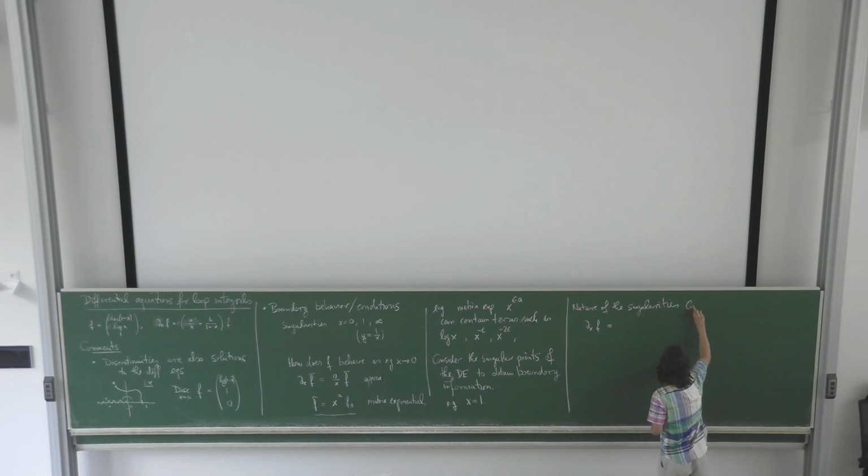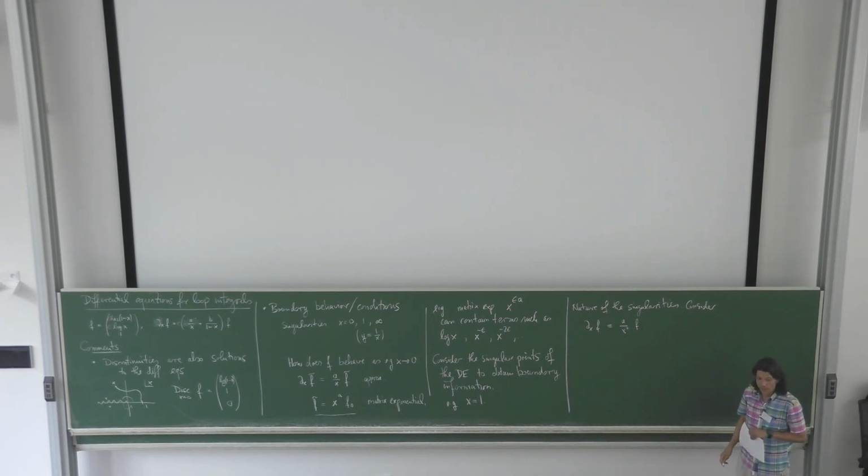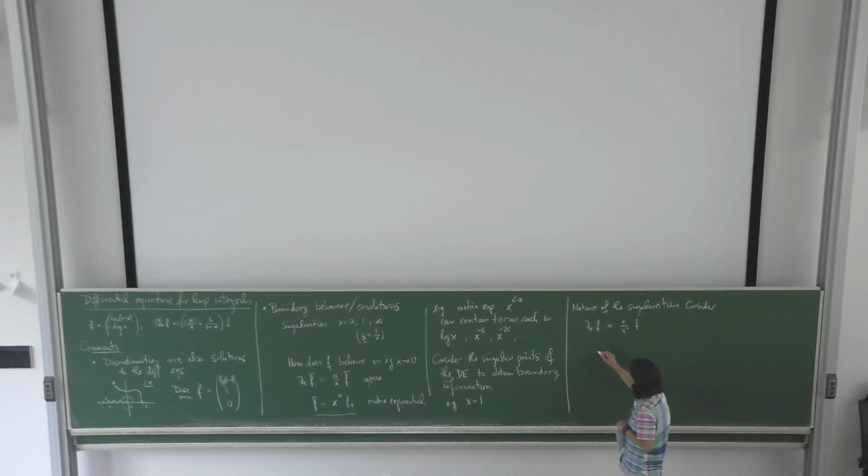So consider, for example, what happens if we have 1/x squared? Well, that's actually bad. Why is it bad? Well, this corresponds to some essential singularity.